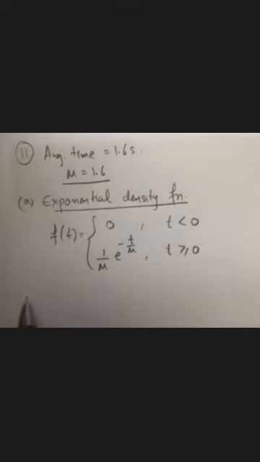So we have to use this function to compute the probability t less than 1. Time is always positive, so the lower bound is 0.